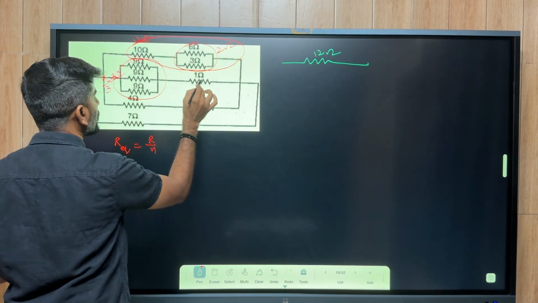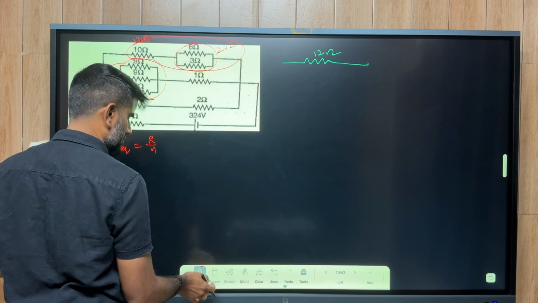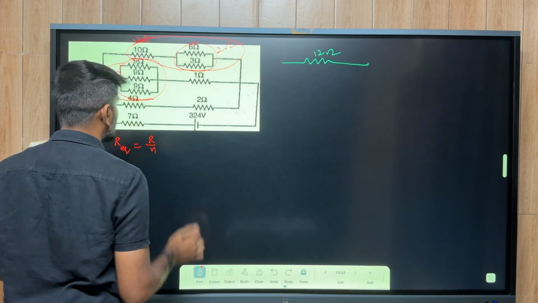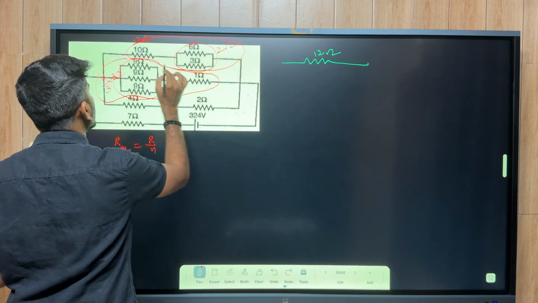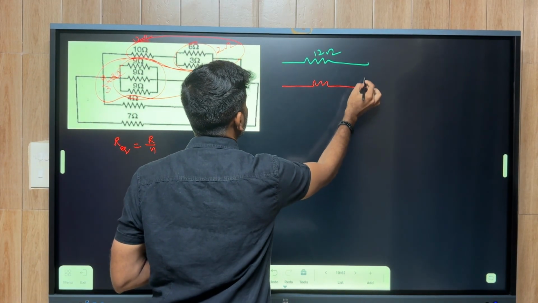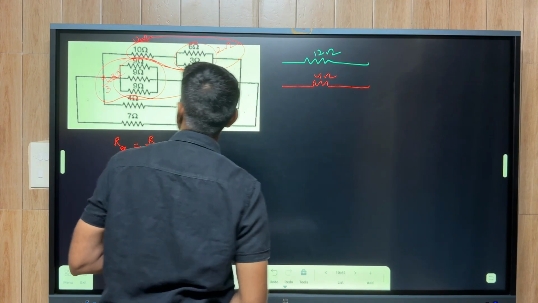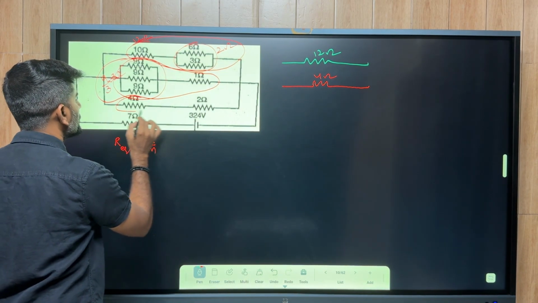This 3 ohms and 1 ohm are connected in series. 3 and 1 ohm are 4 ohms, right? Now here we have 4 ohms and 2 ohms.